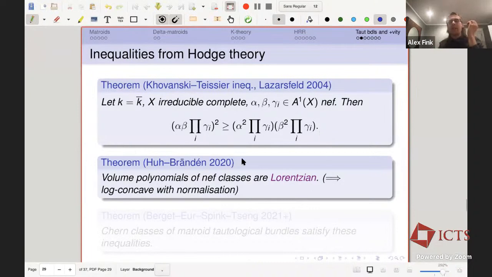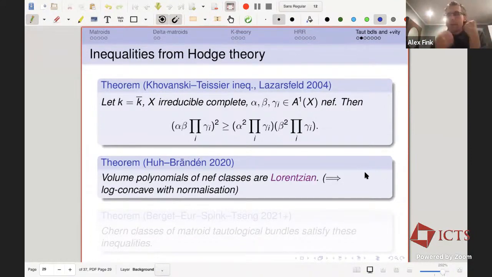In fact, there is this work of Huh and Brändén, which says volume polynomials have not just this Khovanskii-Teissier log concavity property, which works in two classes at a time, but you can generalize it to give properties of the whole volume polynomial that looks at more than two classes at a time.